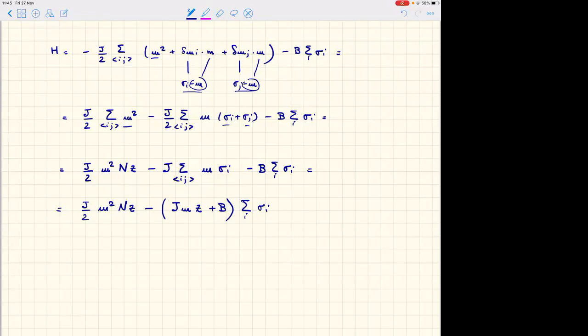So what I get is just the number of nearest neighbors, and that's it. So this is what I call the mean field Hamiltonian.